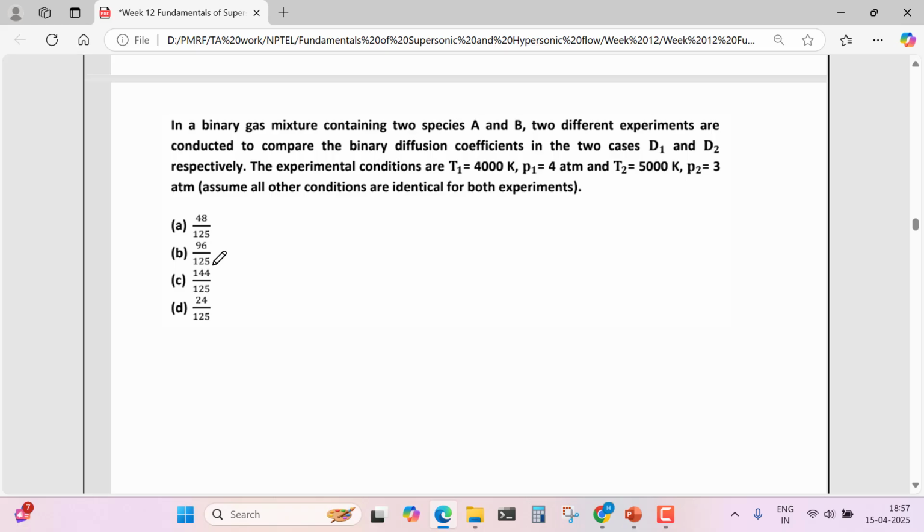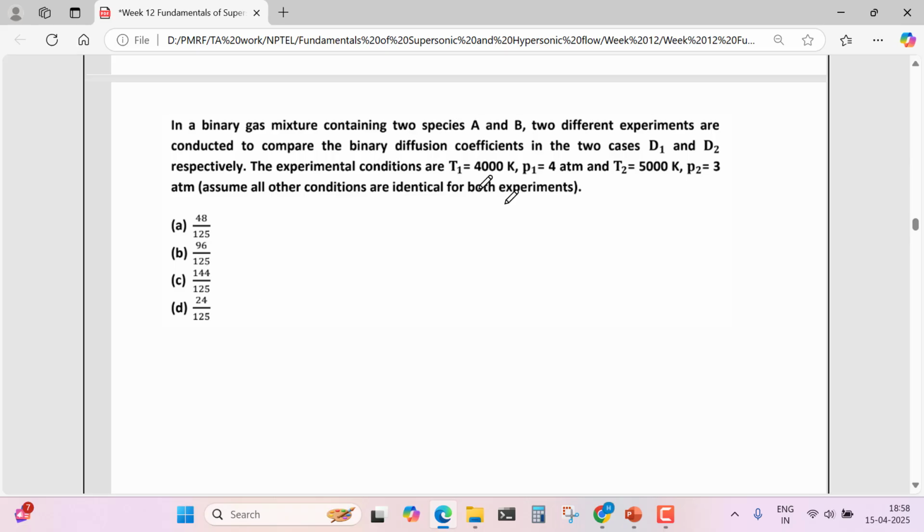Assume all other conditions are identical for both experiments. Option A 48 upon 125, option B 96 upon 125, option C 144 upon 125, option D 24 upon 25. Which option will be the correct option?